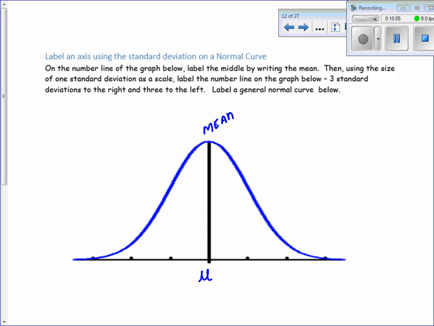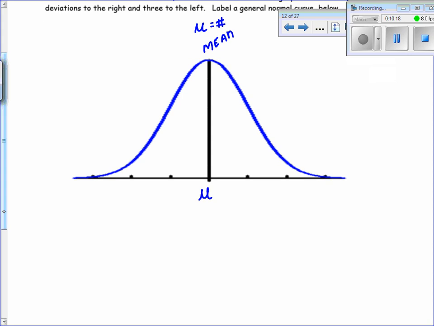And we usually write mu equals some number right there. Okay? We're going to be writing a lot here, so make sure you use your best handwriting.